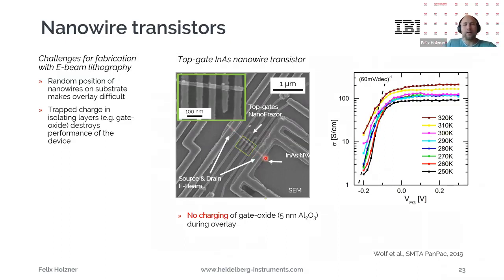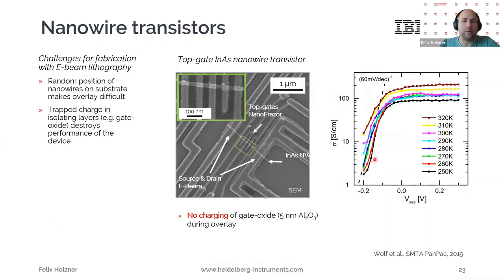But I show this example here because that was actually our first example where we realized, hey, it's a real advantage that we don't use a charged particle beam for making lithography. Because here at IBM, they used to do these devices with e-beam lithography only. And they had always issues because if you write here on top and you have a gate, insulating gate oxide around your nanowire, you have some trapped charges and your sensitive nanowire transistor doesn't switch properly at 0 volts and behaves a little bit weird.